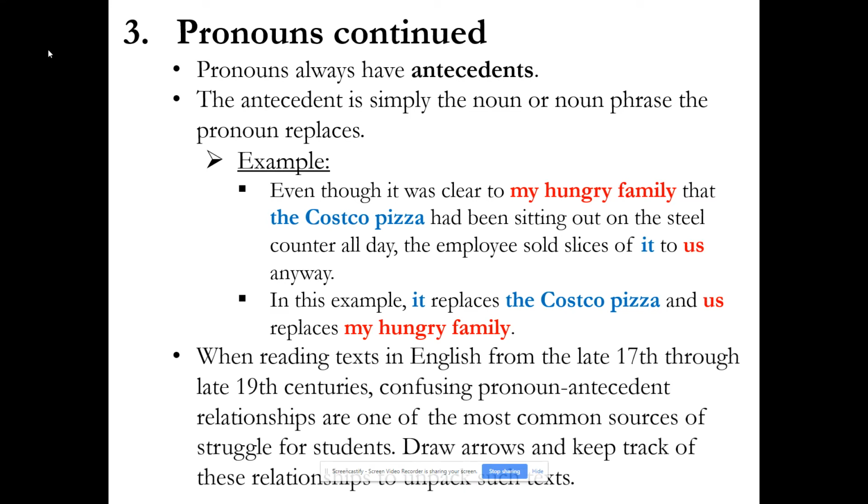So you're going to discover that when you're having to read texts in English from the late 17th century through the late 19th century, there will often be really confusing pronoun antecedent relationships. You'll end up with 4 or 5 nouns followed by 4 or 5 its, and you have to keep track of which its refer to which nouns.